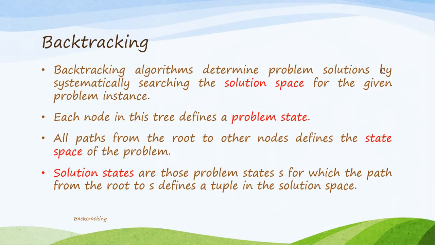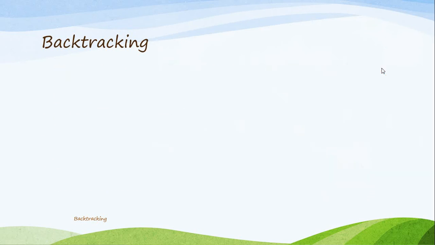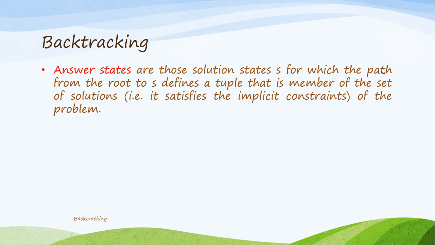Solution states are those problem states S for which the path from the root to S defines a tuple in the solution space. Now let's see what answer states are.